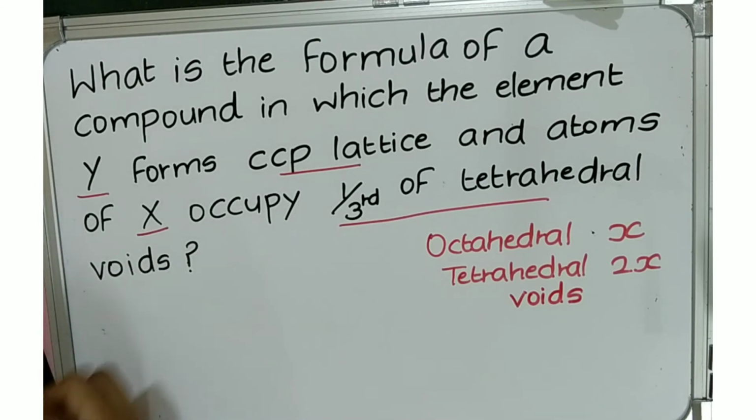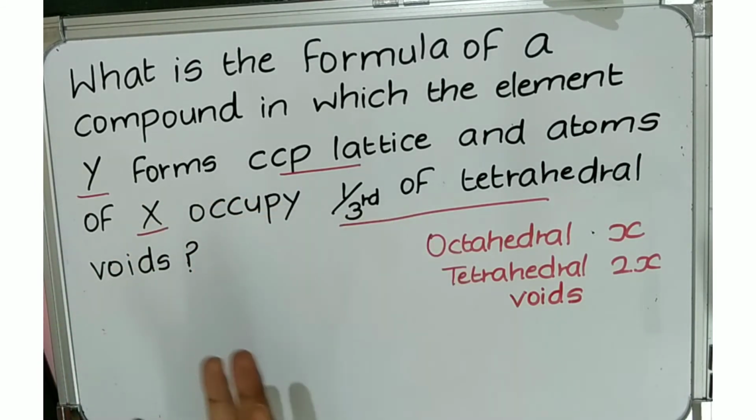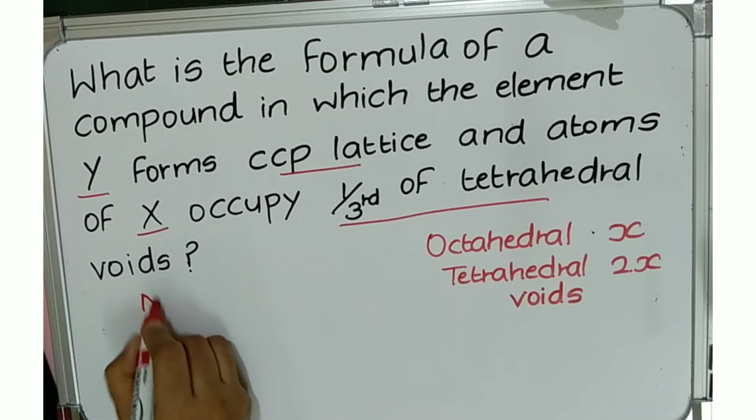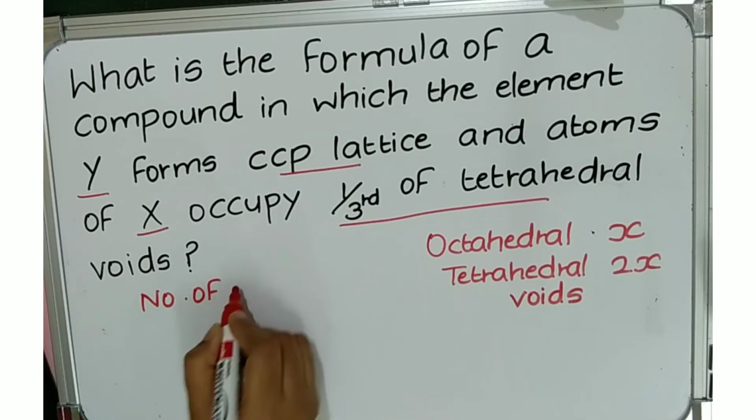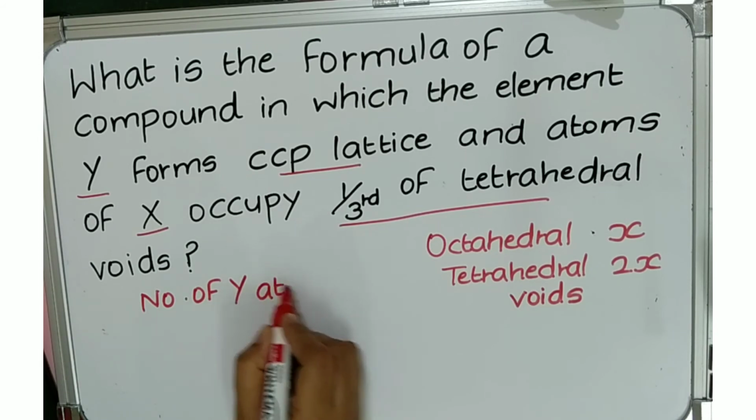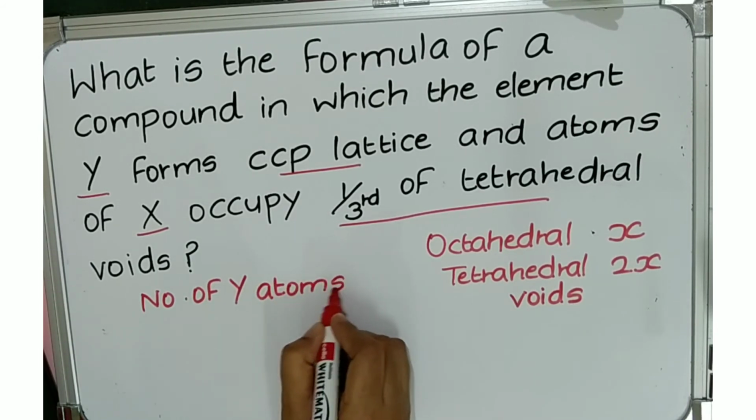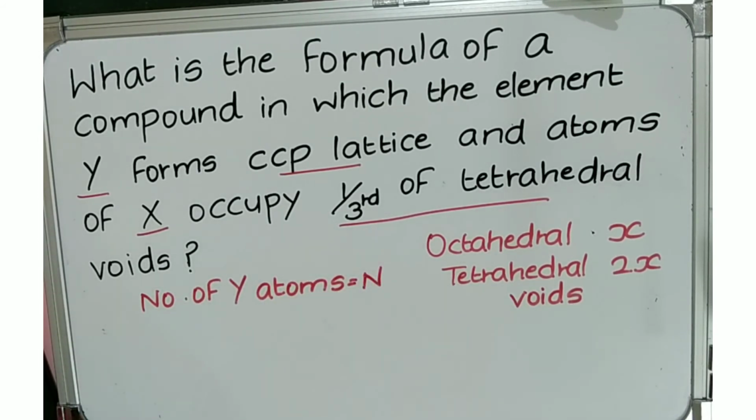Always. We are talking of the voids, the empty spaces. Okay. So see the question. Y forms CCP lattice. Element Y. So number of Y atoms, suppose it is n.